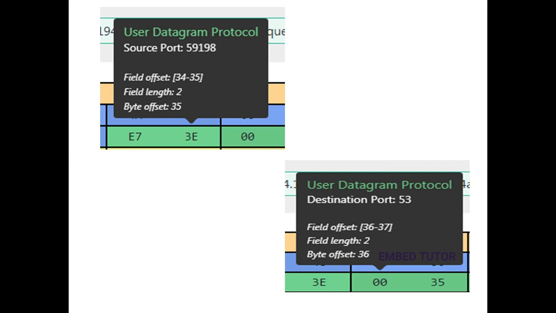In our case it is 59198 as the user datagram port, and on the server side you have UDP port 53, which is the popular well-known port for Domain Name Services, DNS. Always the client will have a port number greater than 49151, whereas the popular services have well-known port addresses from 0 to 1023. In our case it is 53.